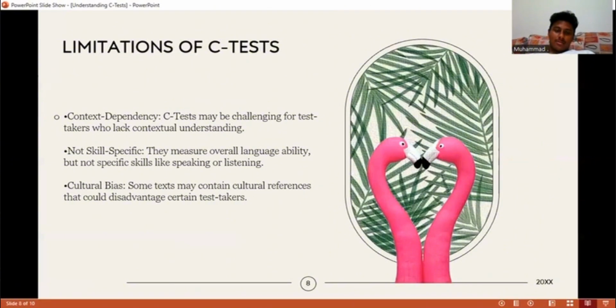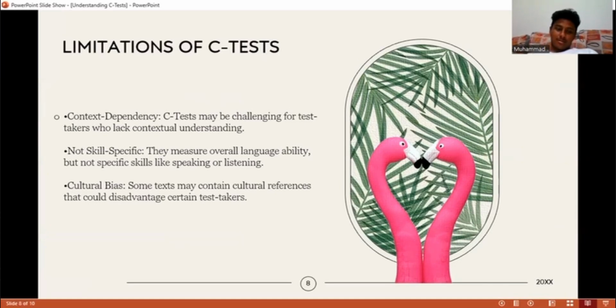Limitations of the C-test. Context dependency: the C-test may be challenging for test takers who lack contextual understanding. Not skill specific: they measure overall language ability but not specific skills like speaking or listening.